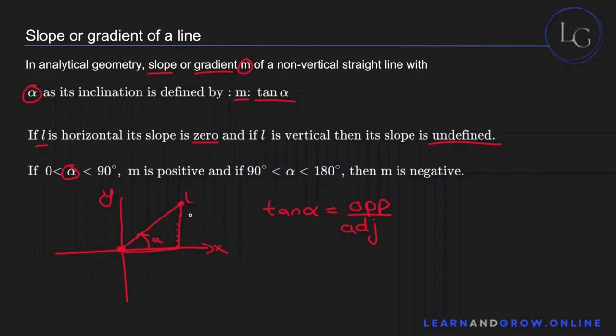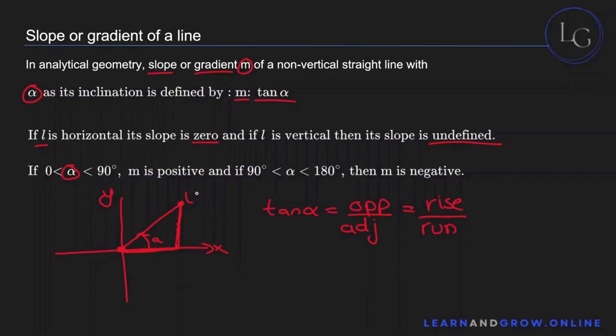And tangent of alpha means you're dividing this vertical by this horizontal, the opposite over the adjacent. So it's equivalent to the rise, the y value, over the run, the x value that you cover, right?